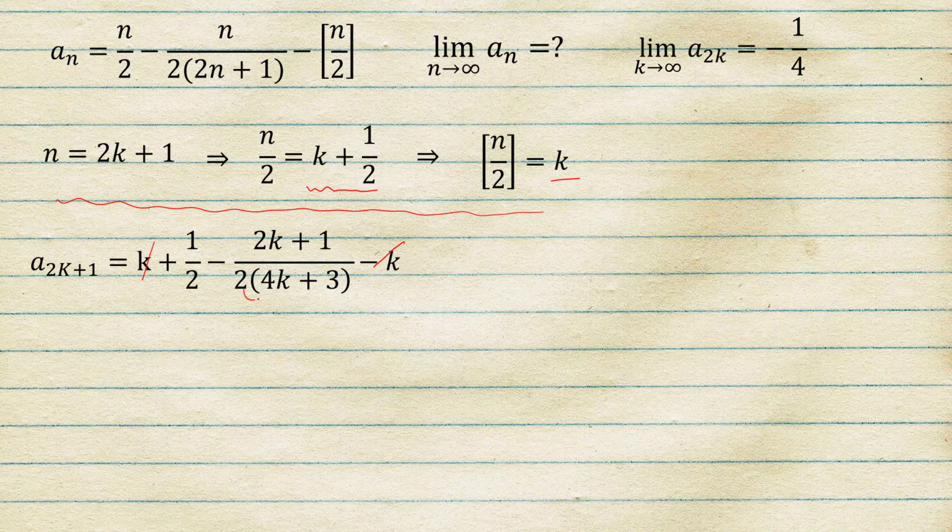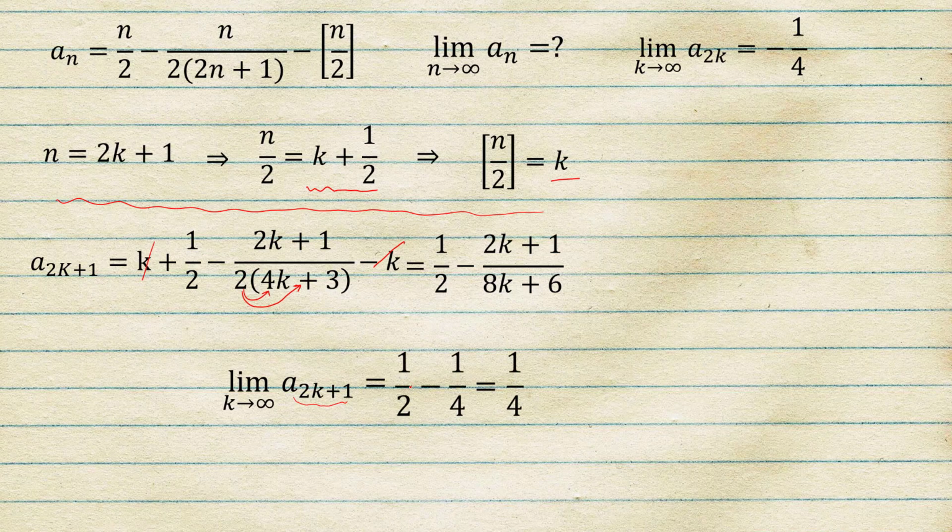When we simplify it, we get the expression 1 over 2 minus 2k plus 1 over 8k plus 6. We find the limit of our sequence for odd numbers, which is 1 over 4. Now let's go to the general conclusion.